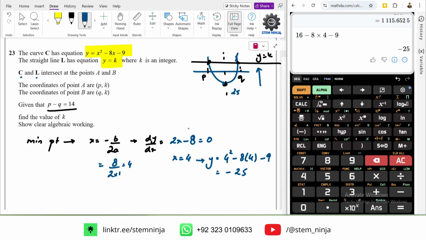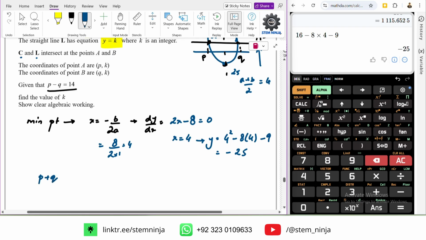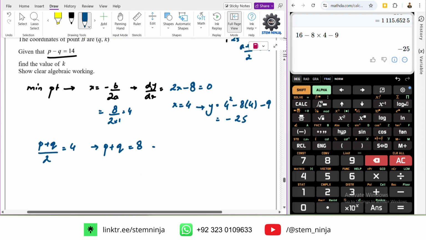So we know that there's a symmetry over here. So even for roots, for example, if you have A and B, then A plus B divided by 2 will give us this line of symmetry. The same thing will happen with p. So p plus q divided by 2 would be 4. That means p plus q is 8. p minus q is 14.